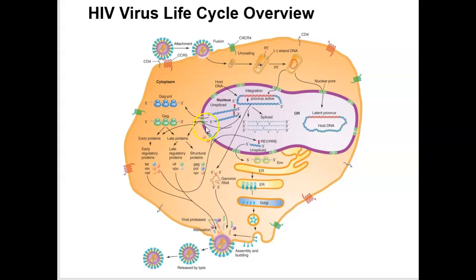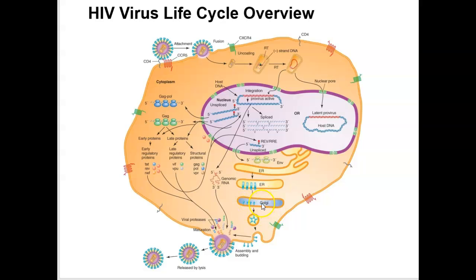Some proteins are going to be translated on free-floating ribosomes in the cytoplasm, but the envelope protein is going to start off as GP160, because that's 120 plus 40 added together. The glycoprotein is going to get translated on the rough ER, and then it's going to go through the Golgi.